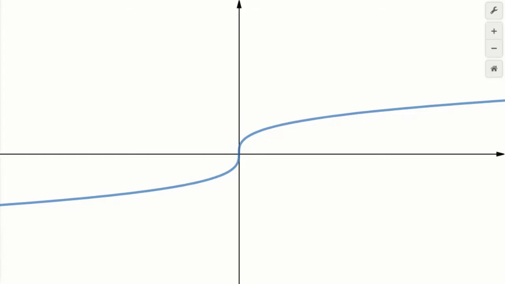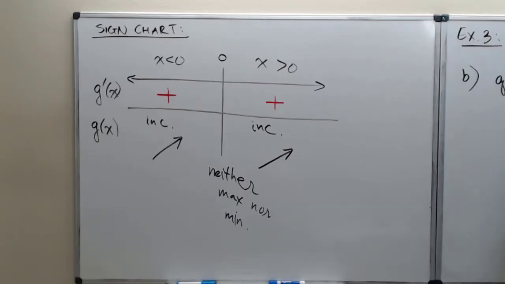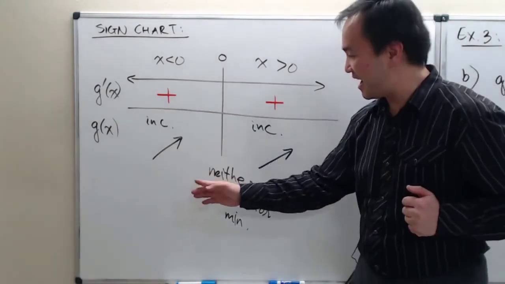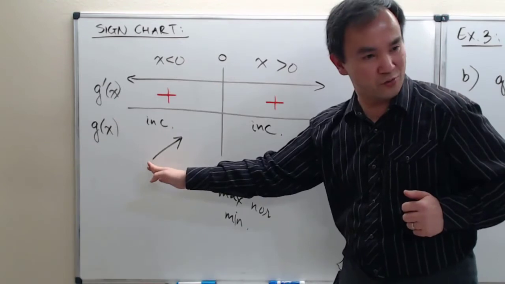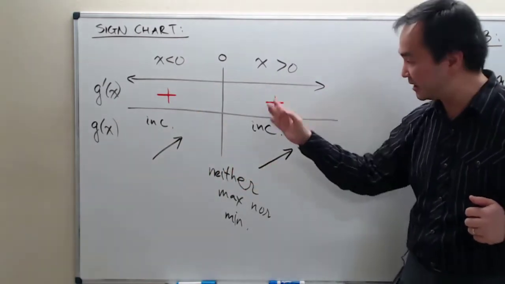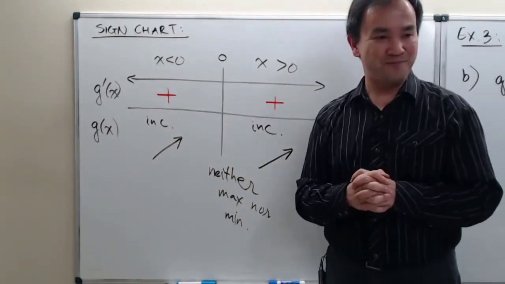That is the reason why our sine chart was indicating in the interval x less than 0 our function was increasing, and it continued increasing in the other interval. Okay.